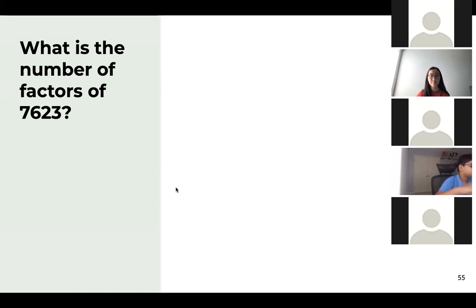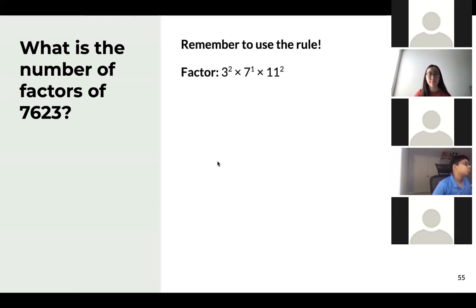7,623. All right, I think I can just go ahead and get the prime factorization because we're trying to mostly practice applying this rule.